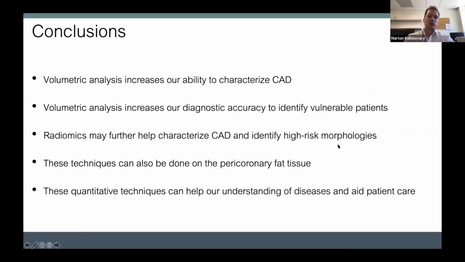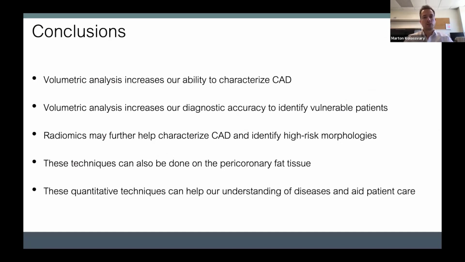So in conclusion, we can basically say that volumetric analysis increases our ability to characterize CAD. And using the tools of Medis, we're able to extract these features, using that volumetric information for radiomic analysis. And it seems that these analyses are able to further characterize patients and their disease to identify, for example, high-risk morphologies, or to identify new pathways of plaque progression.